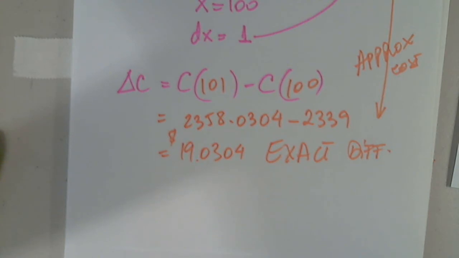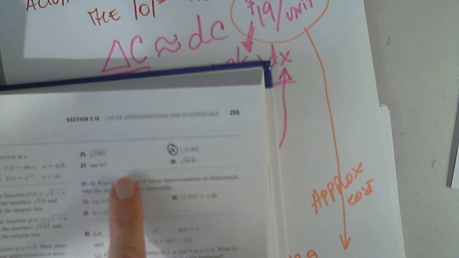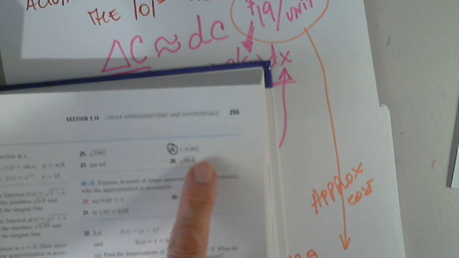Any questions? Do you feel like doing another approximation? Yes. Perfect. So there are several problems with approximations, or we can make one up. 1.999 to the fourth, e to negative 0.015, cube root, tangent 44, 1 over 4002.